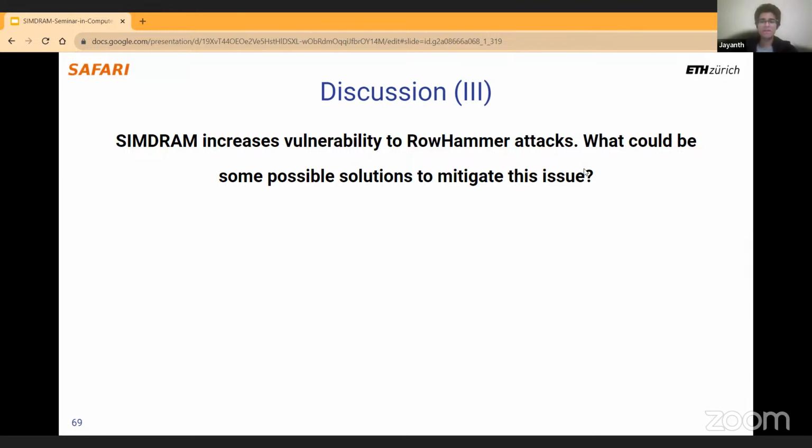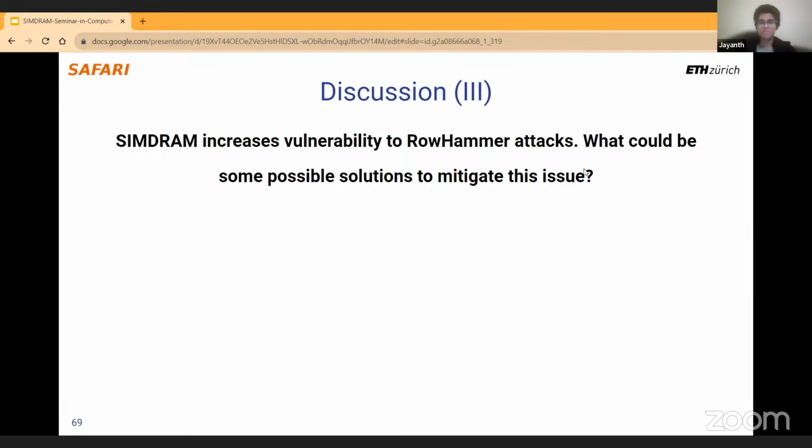I'm not entirely sure, but I think it's because of the multiple activations that we perform. RowClone would require copying our data to the compute rows, which would require a lot of activations, and triple row activations activate 3 rows at once. So this could make the read disturbance phenomenon worse, and this could potentially make it more vulnerable to RowHammer.